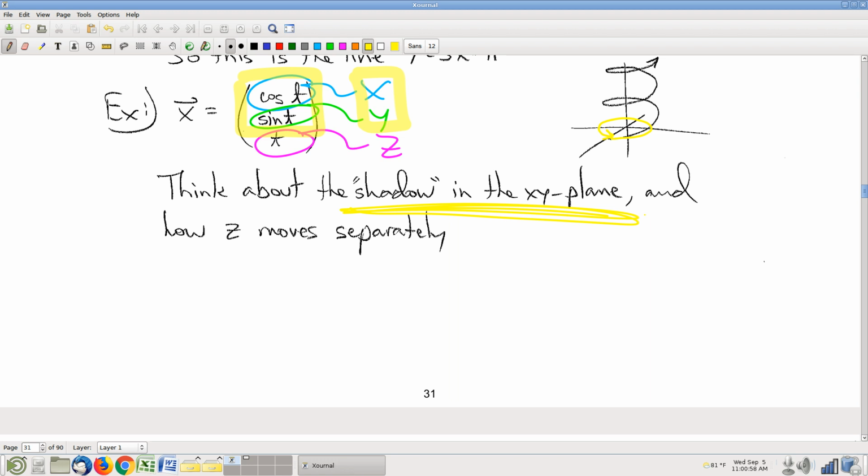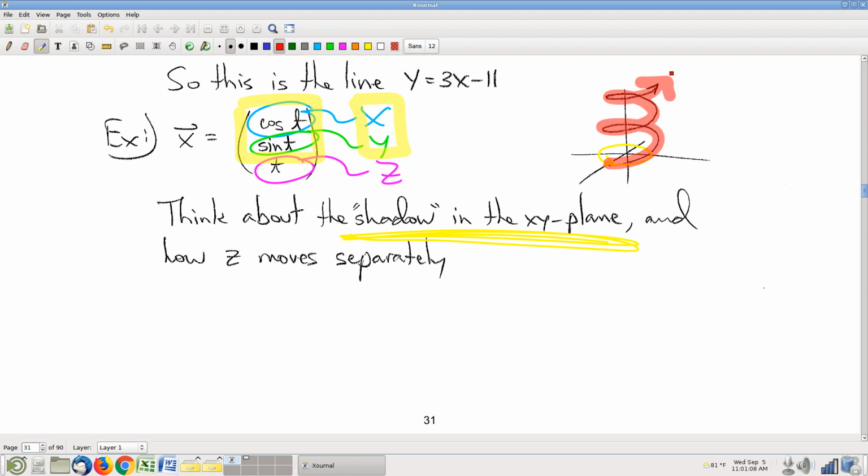You just have to think about what that means three-dimensionally, and I think you can persuade yourself that it gives you this helix curve. Its shadow is doing this, and it's rising at a constant rate. Yes? It's like a slinky. Yep, totally. This is a stretched slinky.